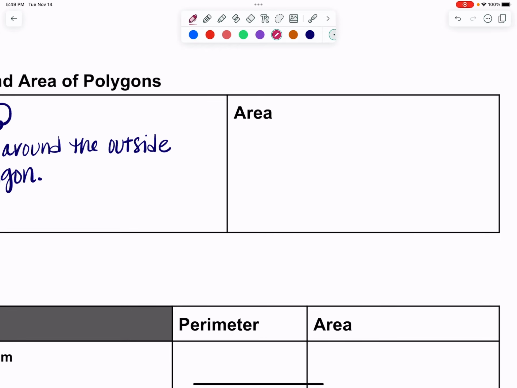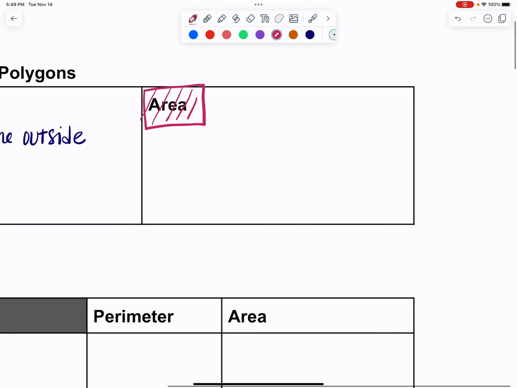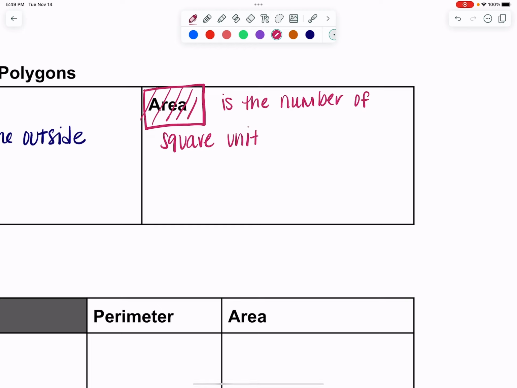Area is a little bit different. Area covers. Area is the number of square units, like the square floor tiles out in different hallways.